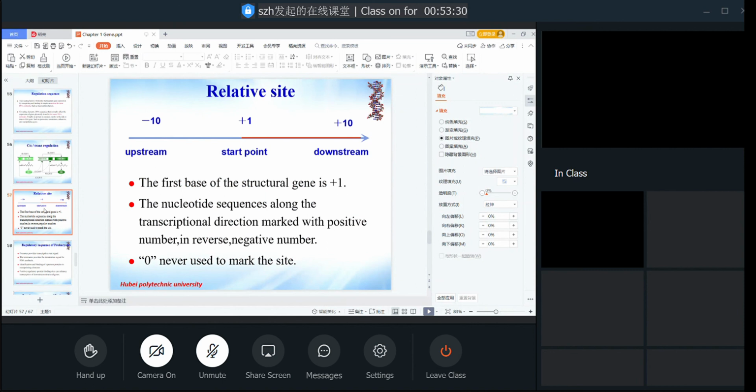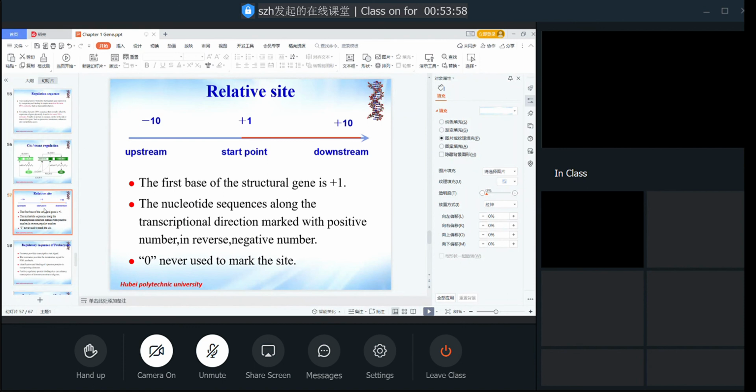Here, all of this pay attention to. Here we start to transcribe the RNA. This place is given the name starting point or originated point.